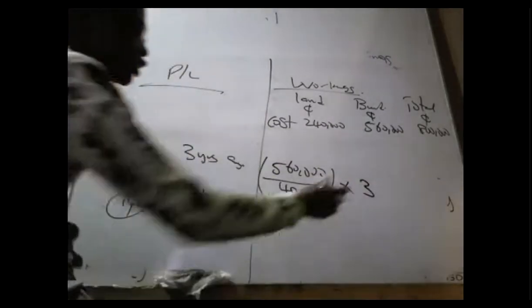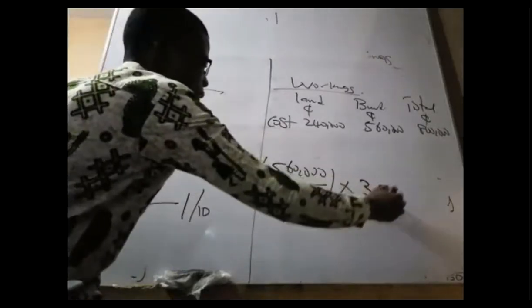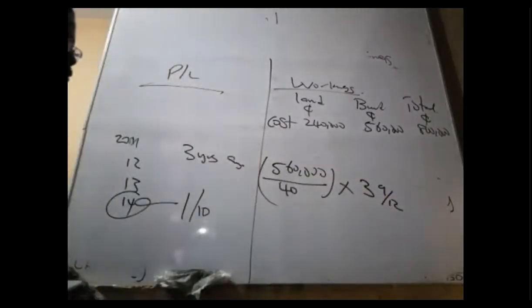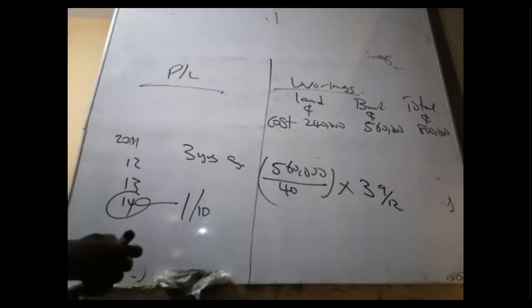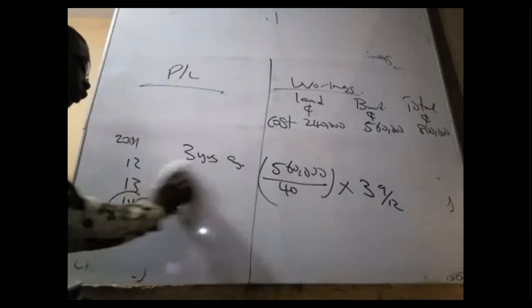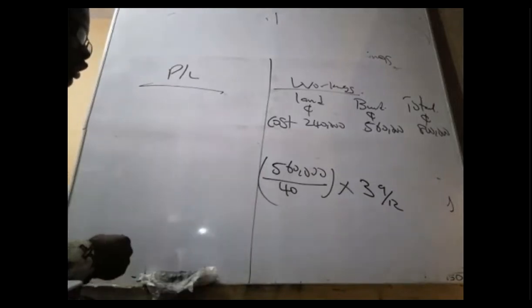How do you do it? If you don't want trouble, just find 1 year's depreciation and multiply by 3. Can you divide 560 by 40 for me? Let's get 1 year's depreciation.